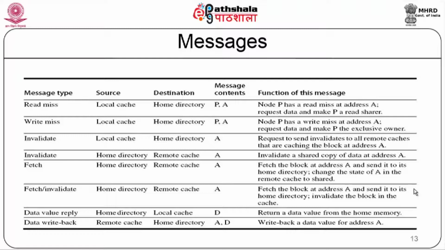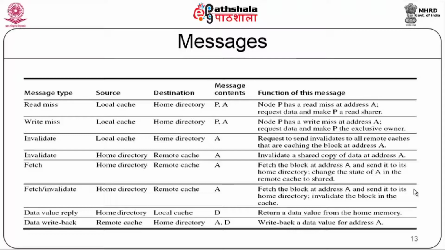So, these are the various types of messages that can happen in a directory based protocol. All you have to remember is that it can be a read request or a write request that is put in by the processor, and the cache block can be available in multiple states. It can be in an invalid or uncached state. It can be in a shared state, which means one or more cache controllers have read in this block, so it is available in a shared state in one or more processors, or it is available in a modified state in exactly one processor.